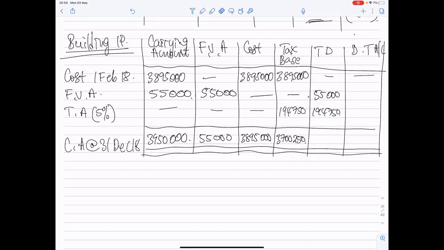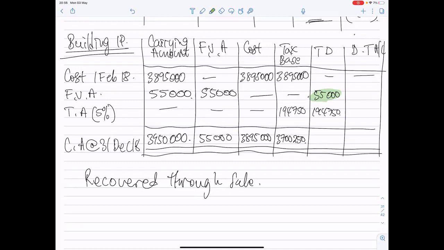Now, when we look at this, the fair value adjustment of 55,000 is going to be recovered through sale. Are we together?